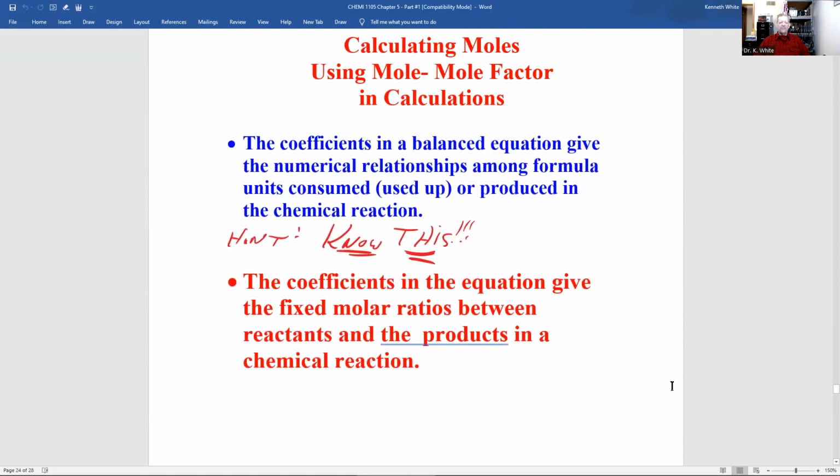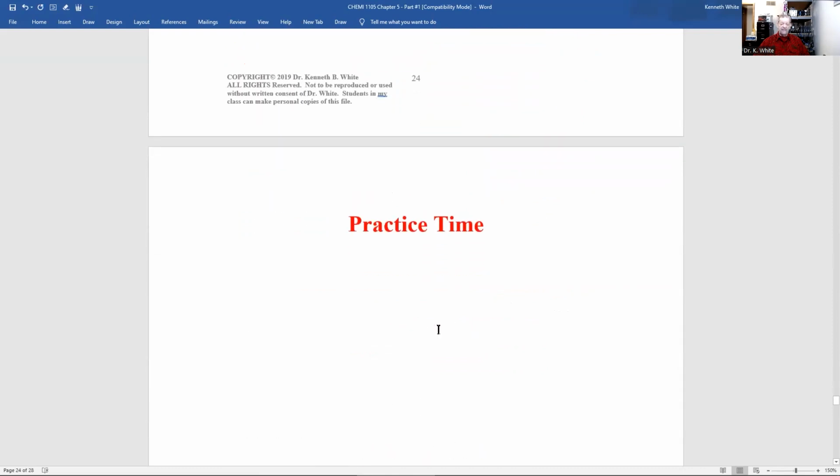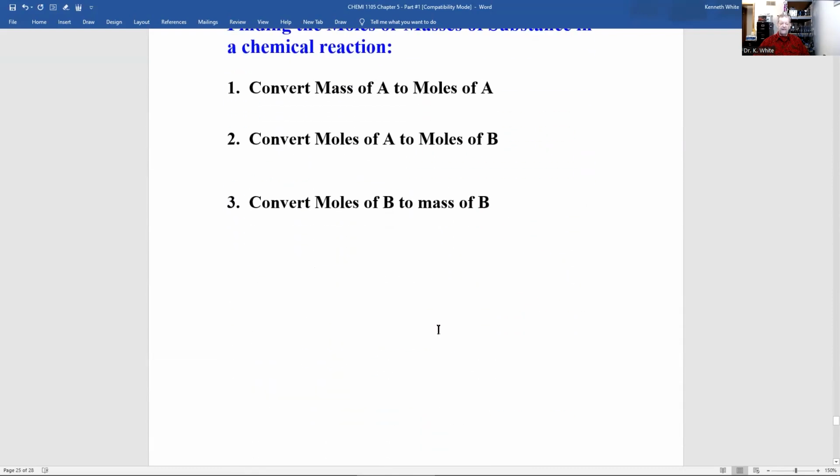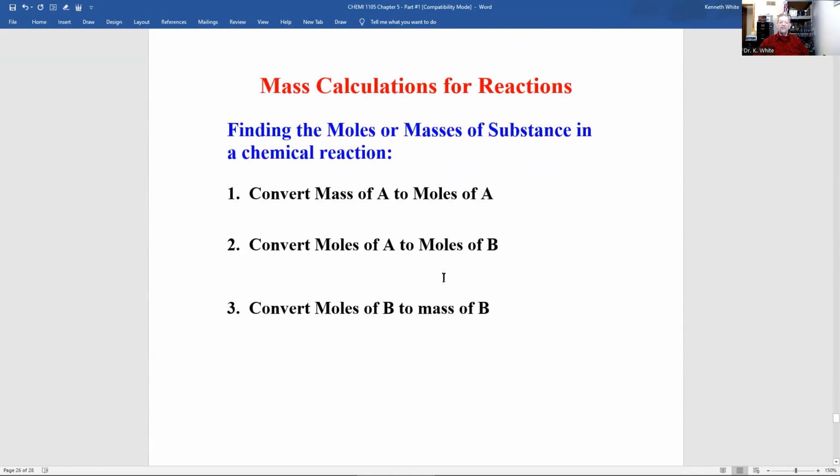Now, I was talking about how the coefficients in a chemical equation give fixed molar ratios between the reactants and the products in a reaction. And we went through mass or weight calculations where you need to do 3 steps.